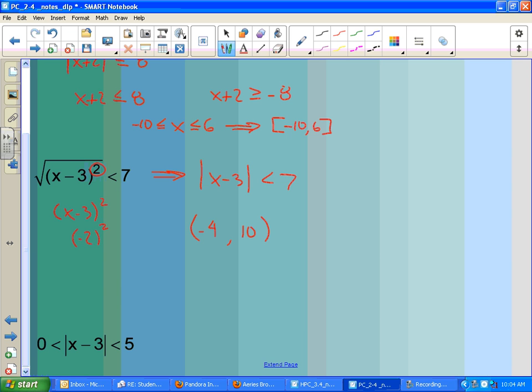What would I get with negative 2 squared? Now what if x minus 3 instead produced a positive 2? What do I get? Same thing. So this is like the radicand, the thing underneath the radical: if it is being squared, that piece can be treated like an absolute value because it can be positive or negative. Does that make sense?